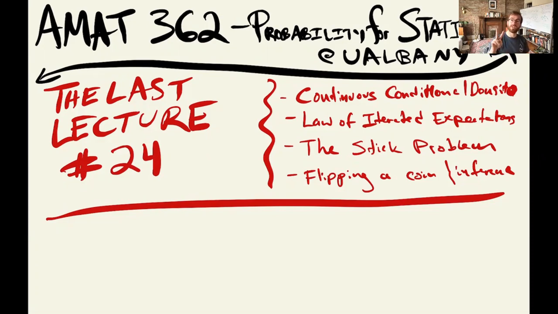And then I want to introduce two really important canonical problems that occur in the study of continuous probability. One is the stick problem, which basically asks, if I have a stick and I break it once, and then I break it again, with the longer portion or the first part, how do I determine the distribution of lengths?